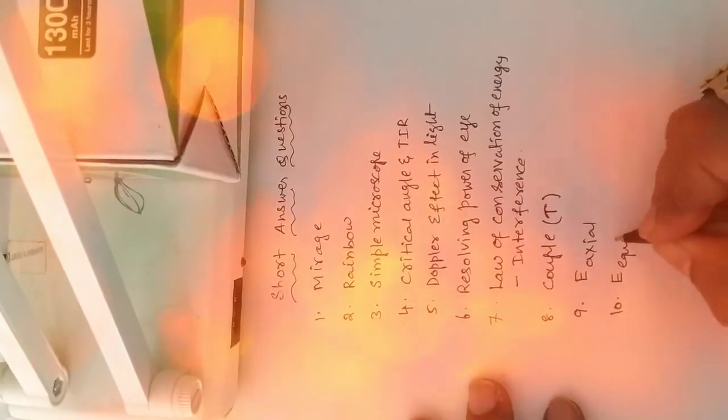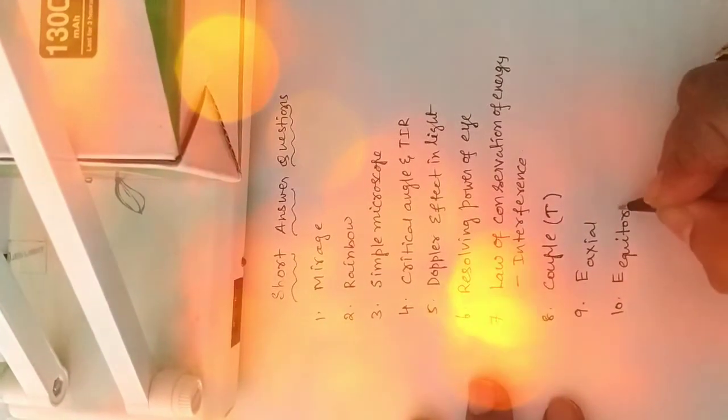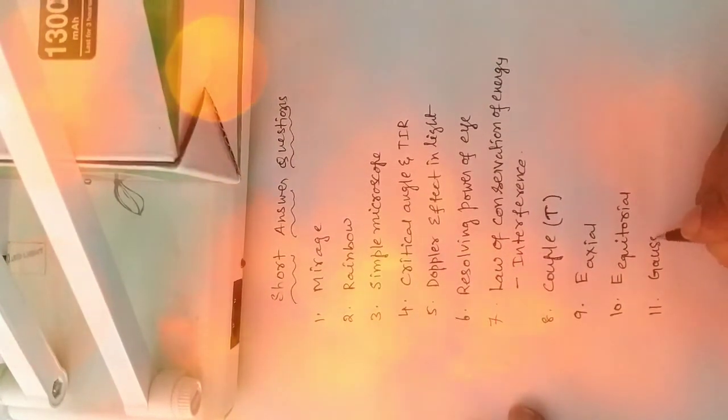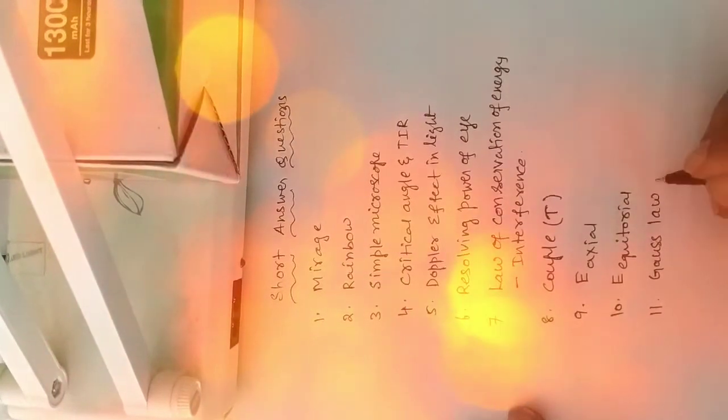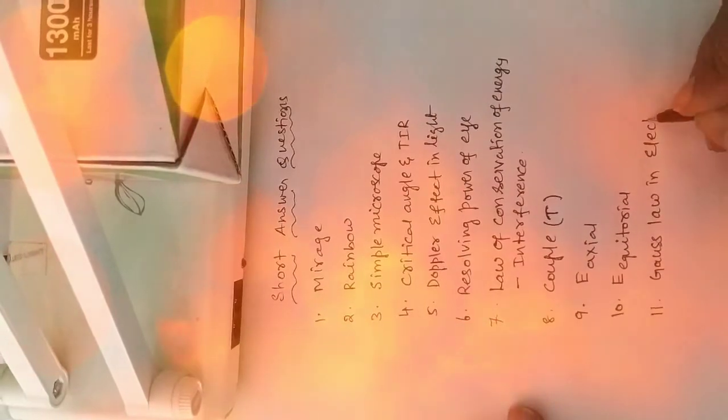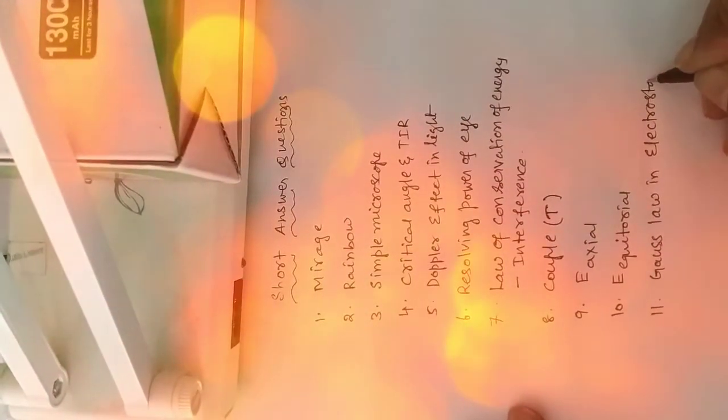Equatorial line and axial line, both are very important. And the 11th question, we have Gauss law in electrostatics. State Gauss law in electrostatics and its importance.